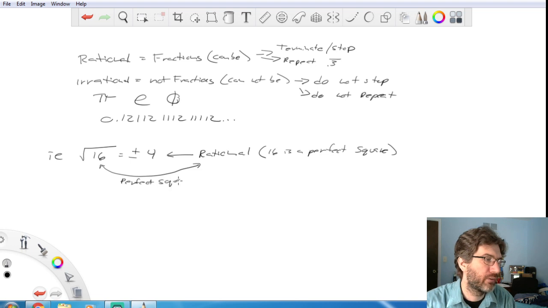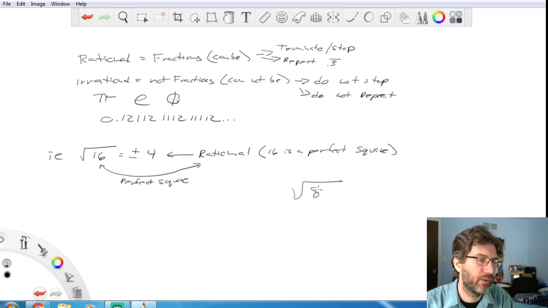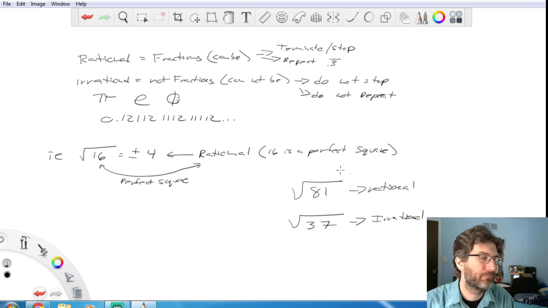And that's one of the reasons why you need to have those perfect squares memorized, so you can look at it and be like, well, the square root of 81, that is rational, because I know the square root of 81 is 9. Square root of 37, that is not a perfect square, and therefore it's going to be irrational. The other example would be the square root of 2, which is a pretty common one.